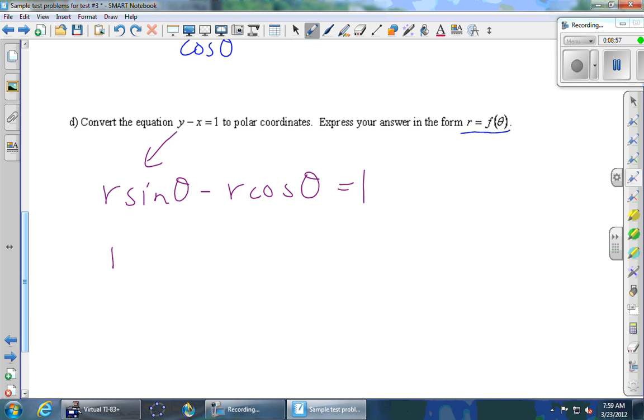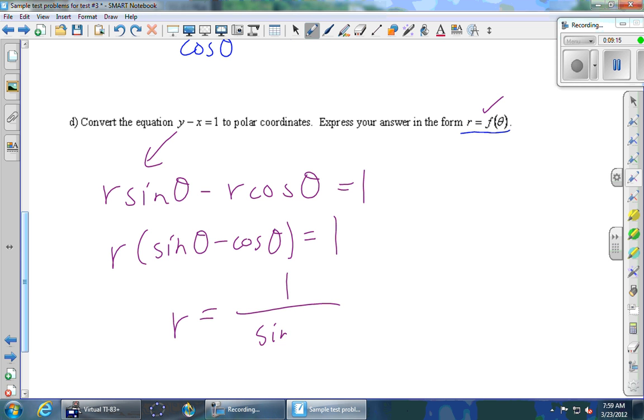We can do that by factoring out the r. And then we'll divide both sides by the stuff in the parentheses so that, again, we can get r by itself. So that's our equation in the form r equals f of theta.